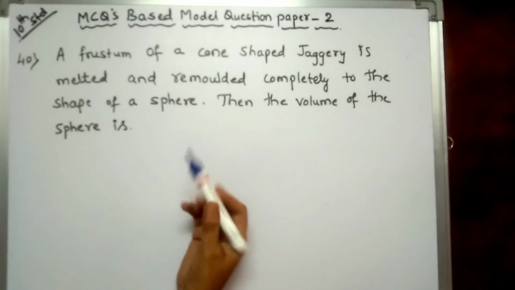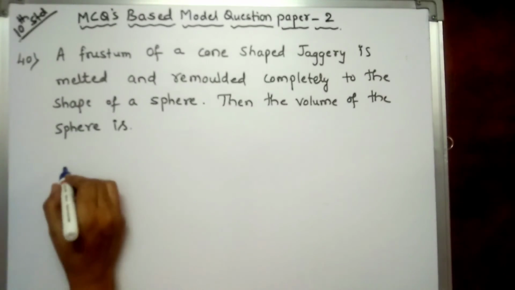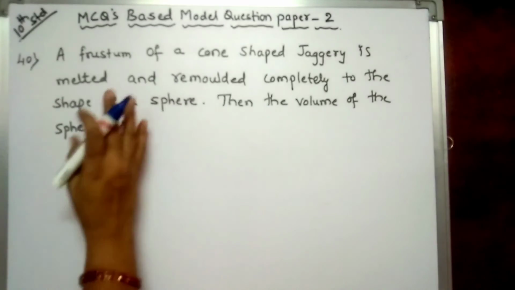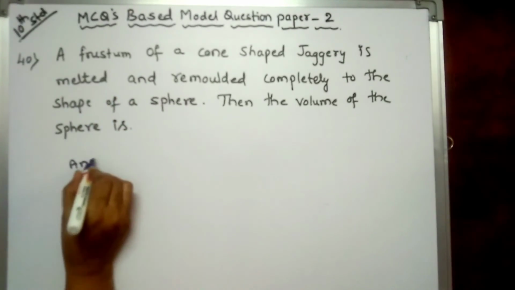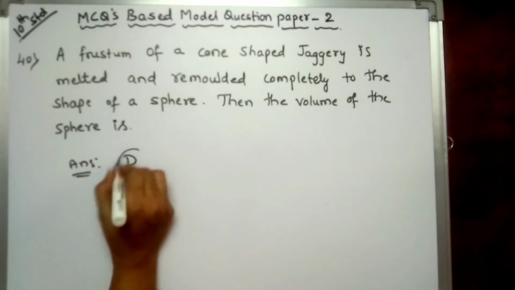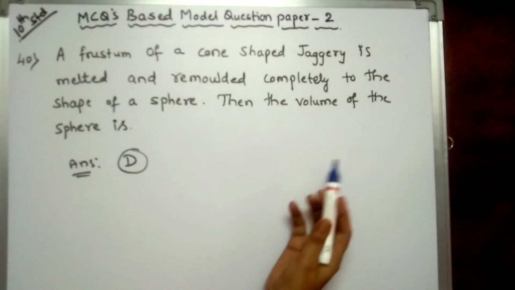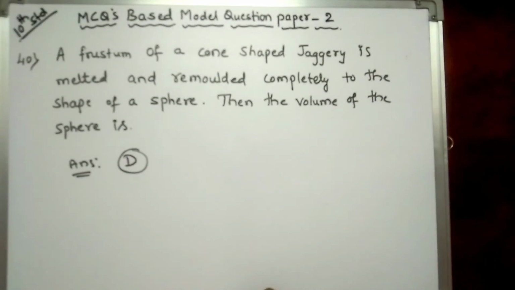So there is no change in the volume. It means the volume of the sphere is equal to the volume of the frustum. So answer D.